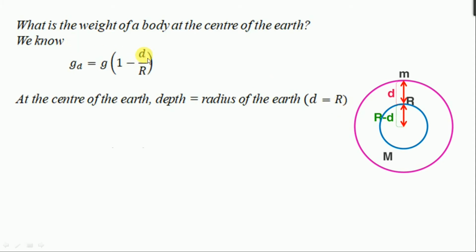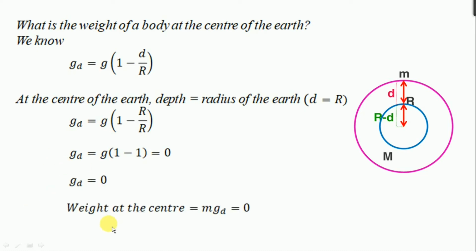So I'm putting d is equal to r out here. So this r gets cancelled, we are left with 1. So 1 minus 1 is 0. So g_d is 0. That means at the center of the earth acceleration due to gravity is 0. So when g_d is 0, weight is also 0, because weight is m into g_d. So there will be no weight of the body at the center of the earth.